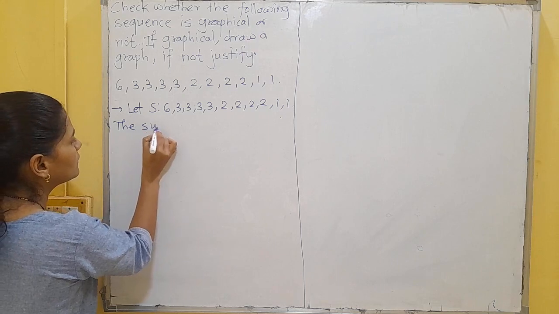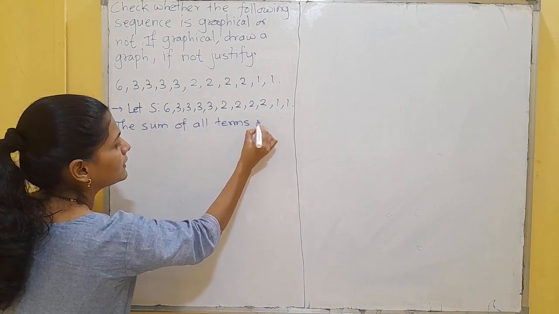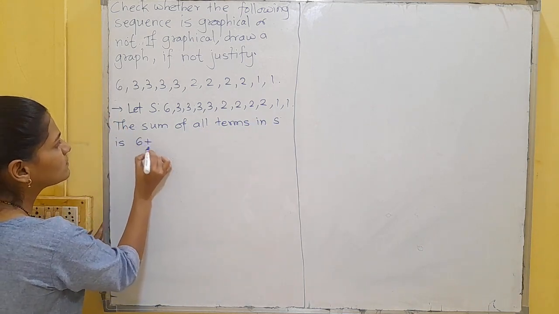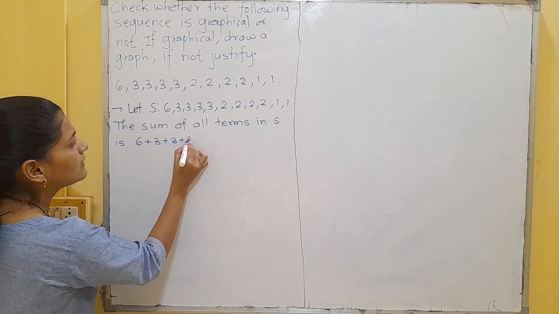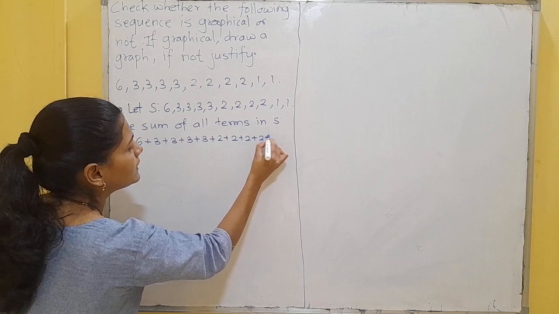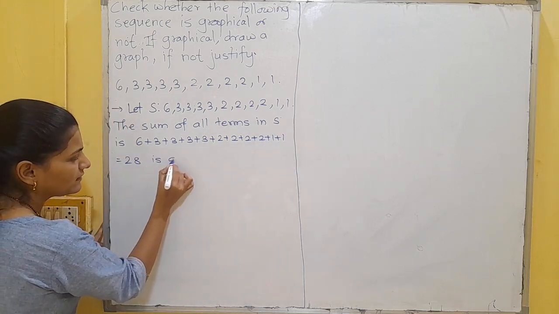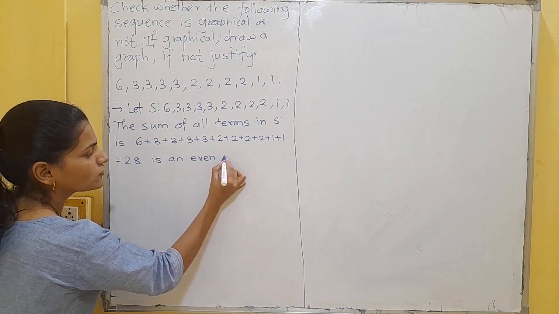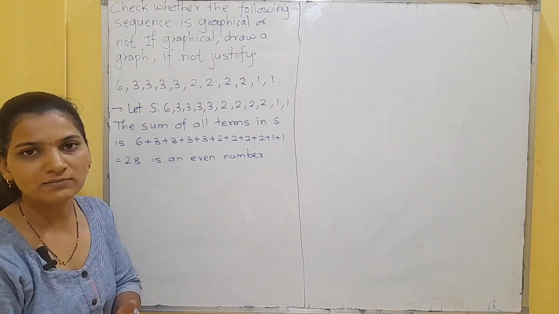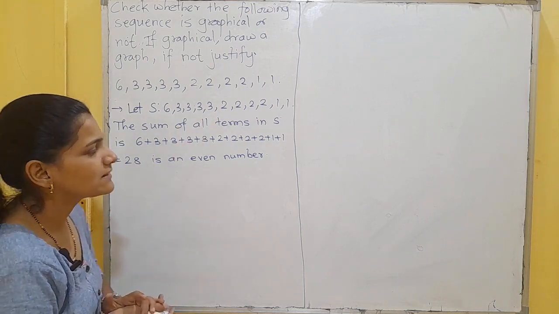The sum of all terms in S: 6 plus 3 is 9, 12, 15, 18, 20, 22, 24, 26, 27, 28, which is an even number. So the first necessary condition is satisfied, that is, the sum of all terms in the given sequence S should be an even number. So the first condition is satisfied.